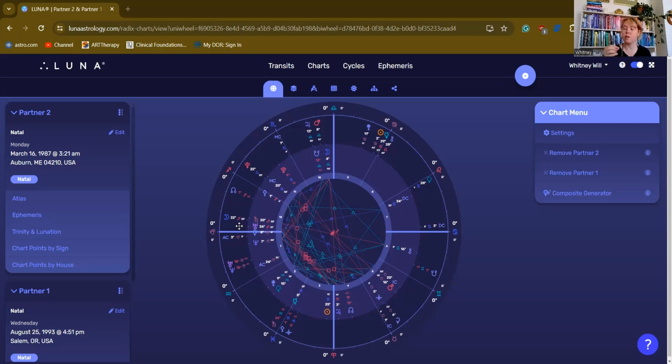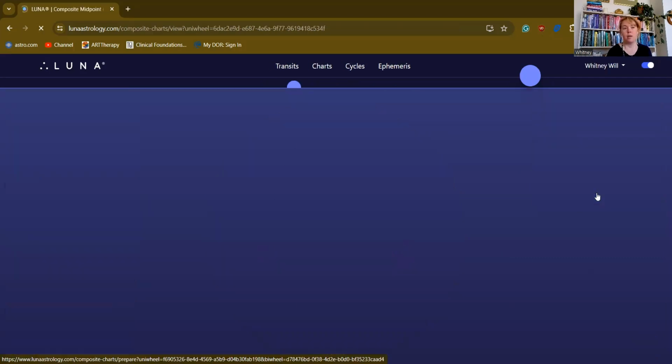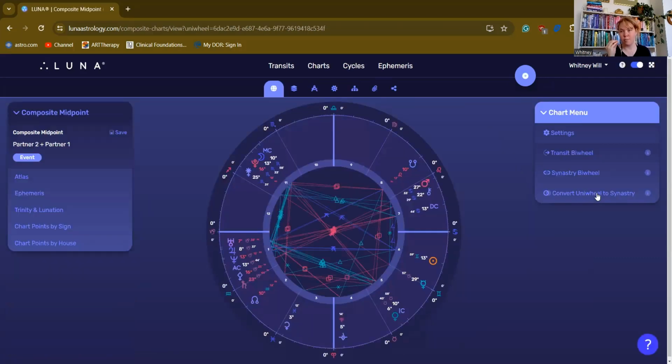Now, there's another way to look at two charts and the astrology of a relationship itself, and that is called the composite chart, and collapse them into one chart. And this chart is then the chart of the relationship.